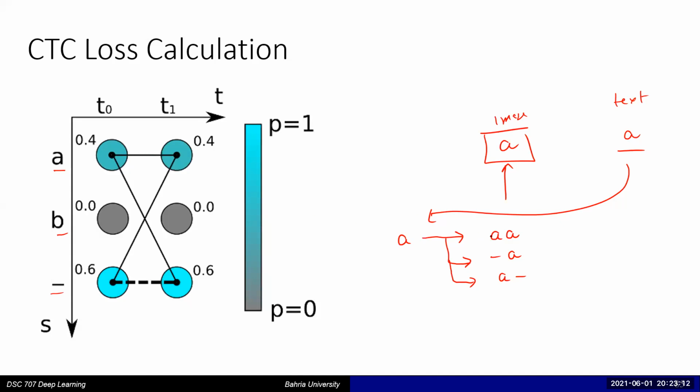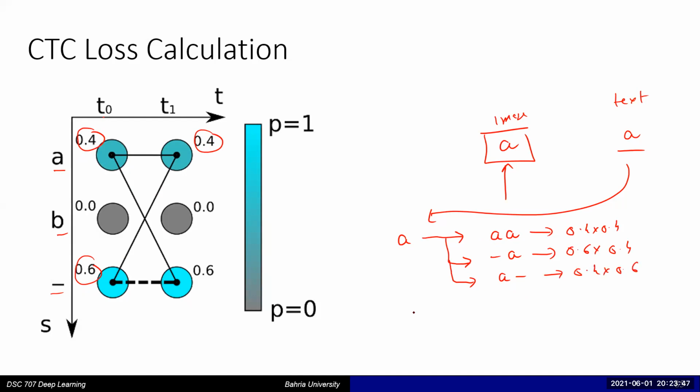Now, what is the probability of the sequence AA? The probability of A at T0 is 0.4 and at T1 is 0.4, so the probability of AA is 0.4 into 0.4. What is the probability of blank A? 0.6 into 0.4. What is the probability of A blank? A is 0.4, blank is 0.6.